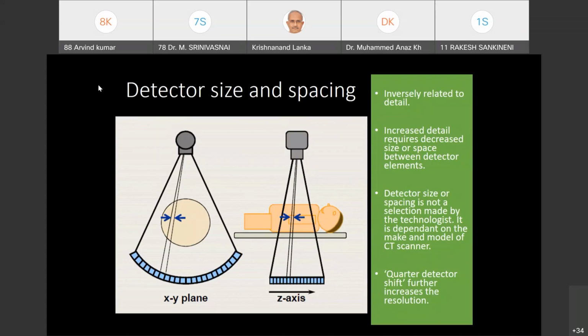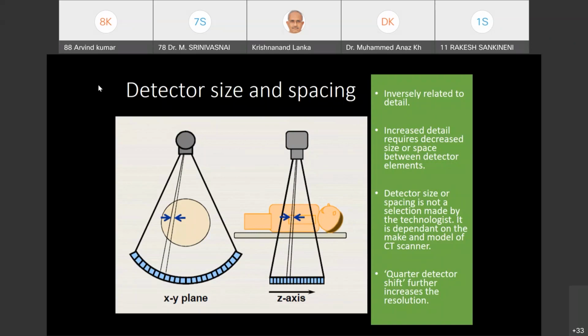So the detector shift further increases the resolution. It is the same as in additive manufacturing, where to improve the density of material in each slice we do some kind of overlap.